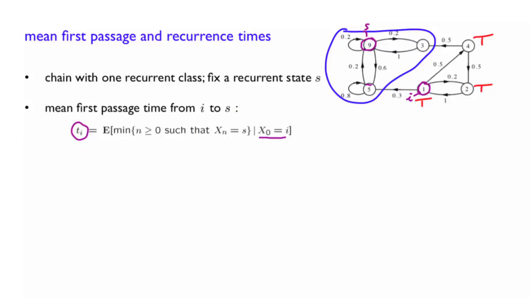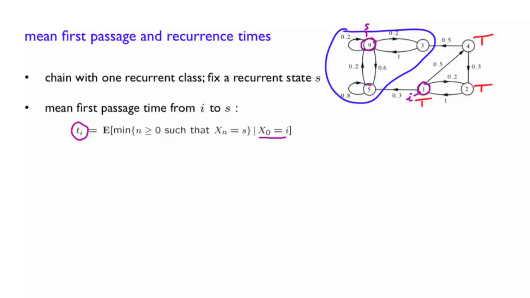So how do we go about calculating such a quantity? Well, let us think a little bit. We are looking at the event that you will visit 9 from 1 for the first time. What happened after visiting 9 is of no relevance in our calculation.